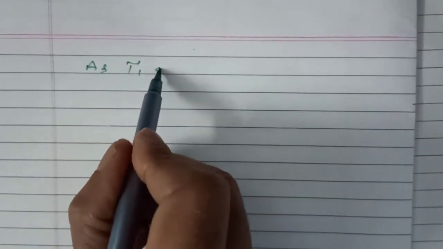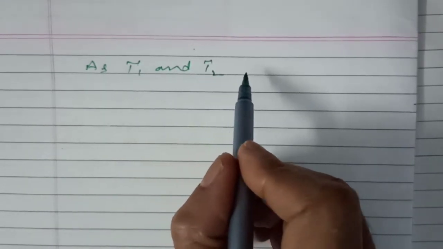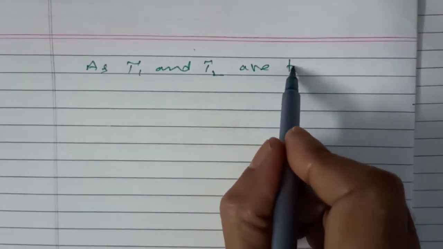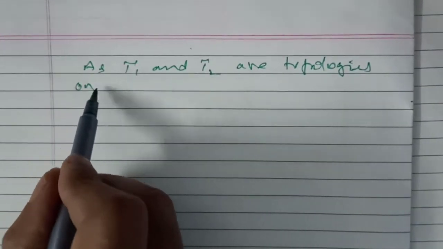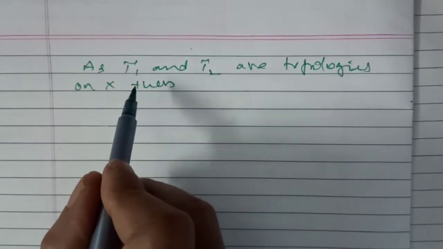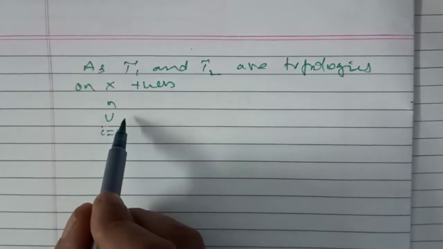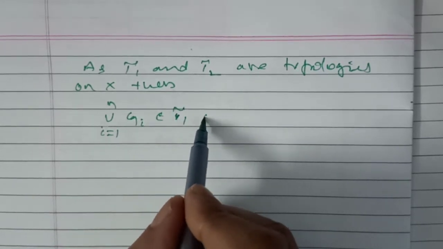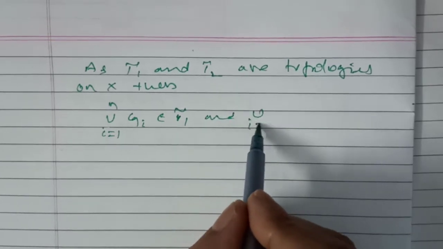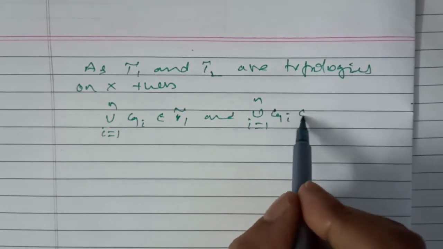As τ1 and τ2 are topologies on X, then the union of Gi, i is equal to 1 to n, belongs to τ1 and the union of Gi, i is equal to 1 to n, belongs to τ2.